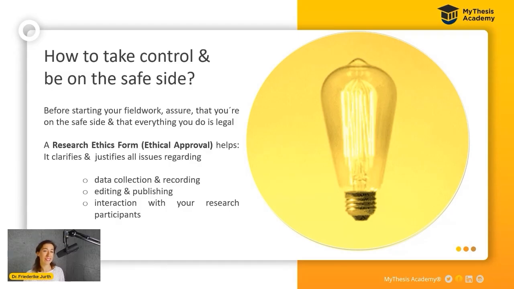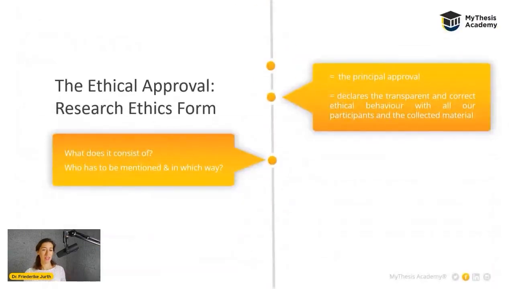Now we will get into this point and we will see what the ethical approval is, what types of research ethics forms exist, and how you can deal with the question of finding and signing a consent with your research participants. So let's start at the beginning of the story.